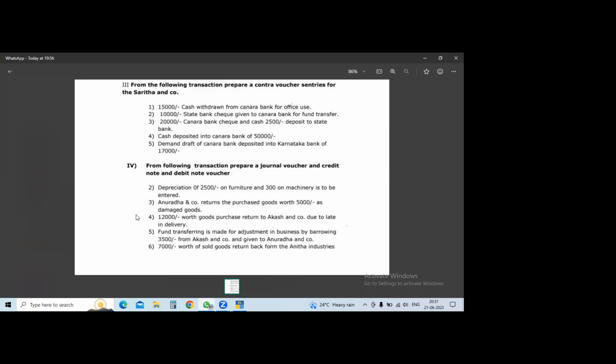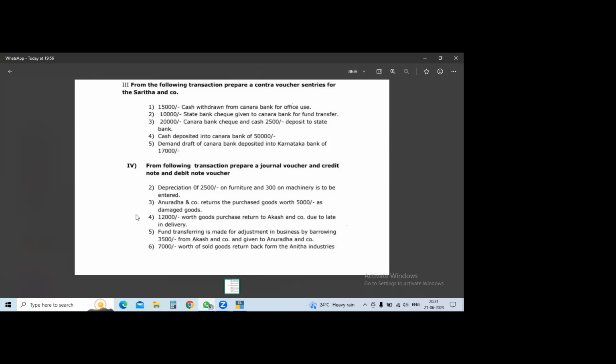After 5 years, 5 years are left out. After 4 years means 6 years are left out. That means you purchased a machinery for 10 years. After 2 years, the value of that machinery is reduced by 2 years. Remaining only 8 years are left out.